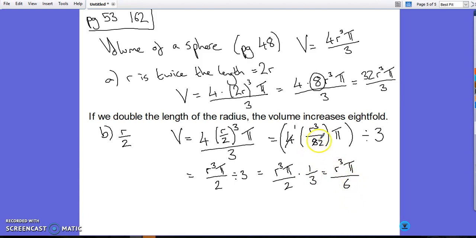So actually, it decreases 8-fold, because we're dividing by an 8 here, and if we were to divide this expression by an 8, we'd come out with this expression. So if we halve the length of the radius, then the volume decreases by a factor of 8. It gets 8 times smaller.